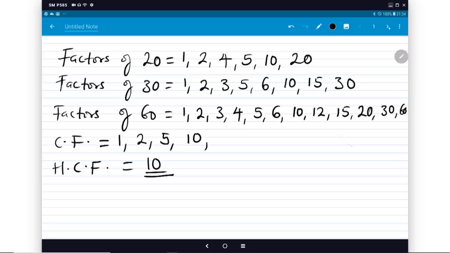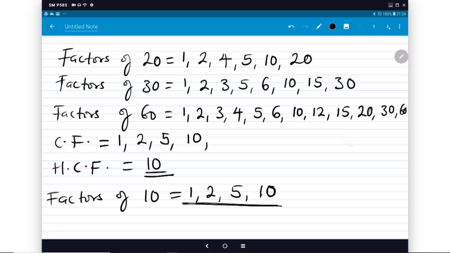Okay, now let us look at the factors of 10, which are 1, 2, 5, and 10. So as you can see, the factors of the HCF, they are the same as the common factors of the numbers.